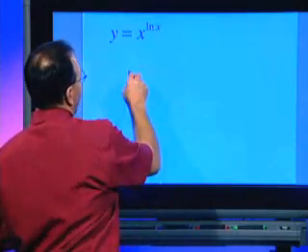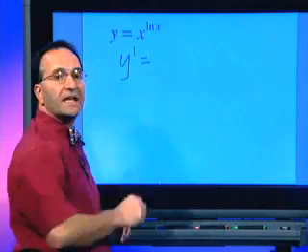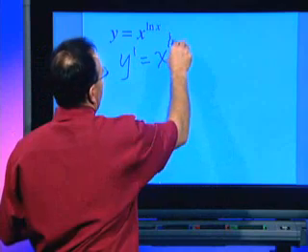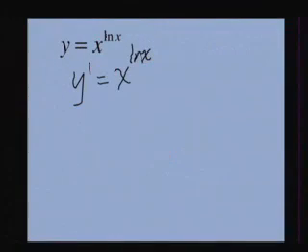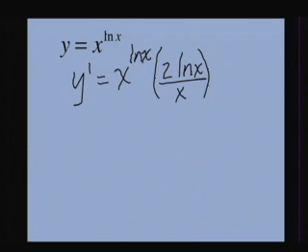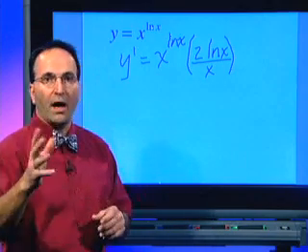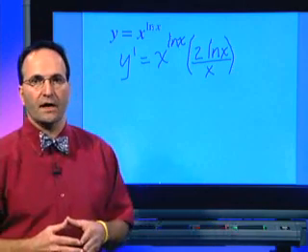Y prime is equal to x to the natural log of x times 2 log x over x. Like that. And that would be the answer that you'd get for the pause video problem that you just worked on.